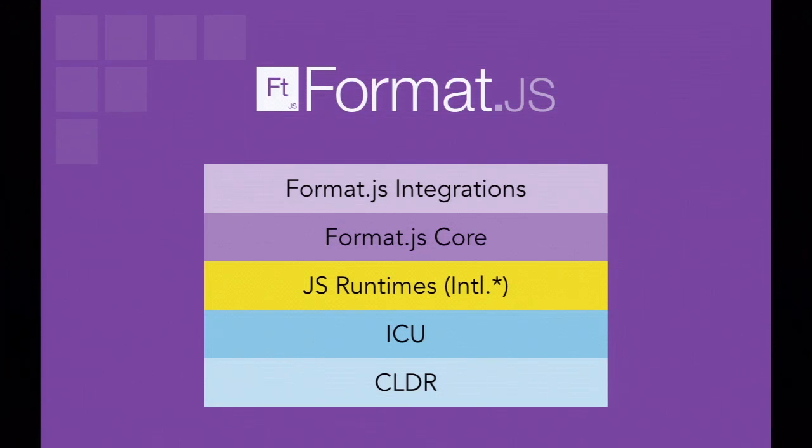They're using parts of the ICU to implement this in the browser and in Node. So we're building on top of the JavaScript runtime, but in the core libraries we have for message formatting and relative time, we're using the data that exists in the CLDR.